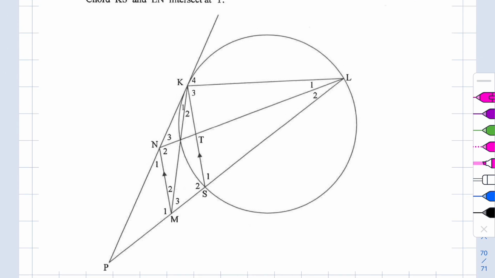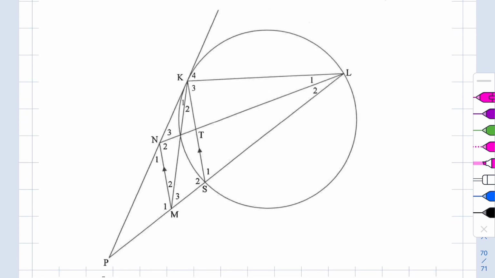Okay, so let's start with the tan chord. The angle between this tangent KP and that chord, it's angle K4, equal to the angle that is subtended by the chord KL. So which angle is that? It's going to be angle S1. So angle S1 equal to K4.